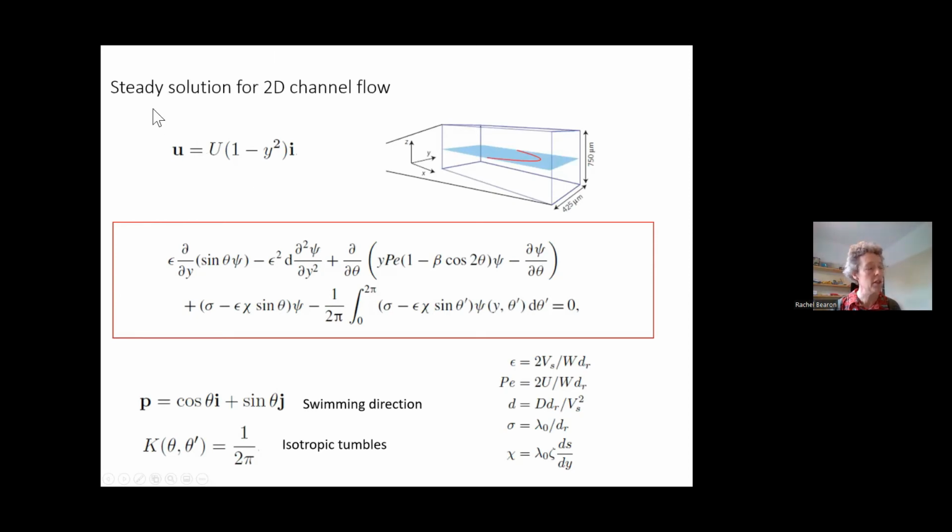So the governing equations that we saw a moment ago reduce to this set of equations where we can see just one physical direction, y, across the channel, one orientation direction, theta, which is the angle relative to the direction of the flow. We're assuming isotropic tumbles for our chemotactic behavior, so that's all quite straightforward there.